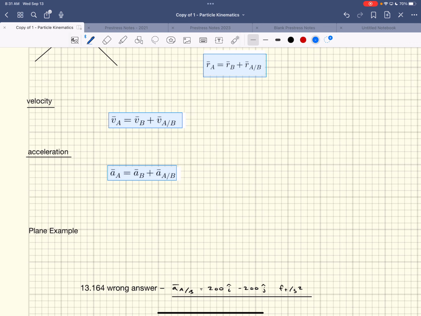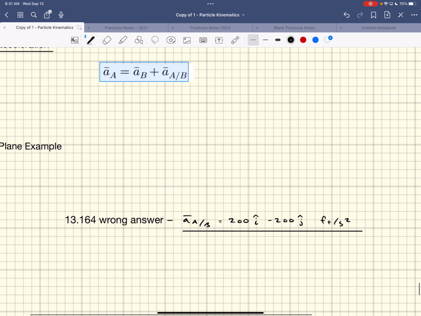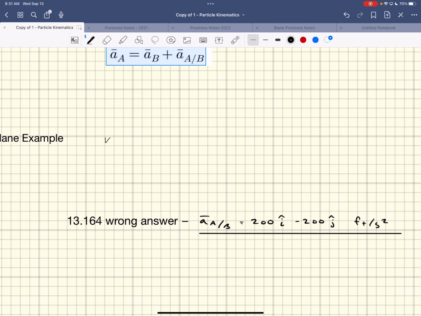The book goes through full derivations of these, but I don't think it's that big of a deal. It's just vector addition. So back in the plane example up above, what is the velocity of that Frisbee? The overall Frisbee speed, we'll call it VF, is equal to the velocity of the plane plus the velocity of the Frisbee as seen from the plane.